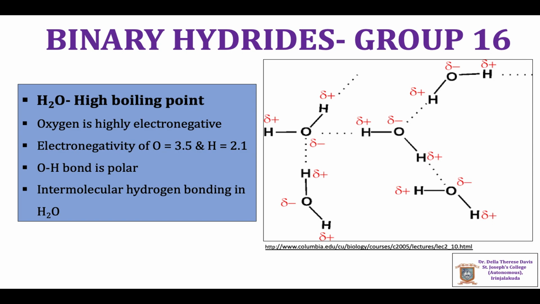This can be explained on the basis of electronegativity difference of oxygen and hydrogen. Oxygen has an electronegativity of 3.5 and hydrogen 2.1, and because of this the O-H bond is highly polar and intermolecular hydrogen bonding is possible in the case of water. Because of this intermolecular hydrogen bonding, water has a high boiling point compared to other hydrides of group 16 elements.